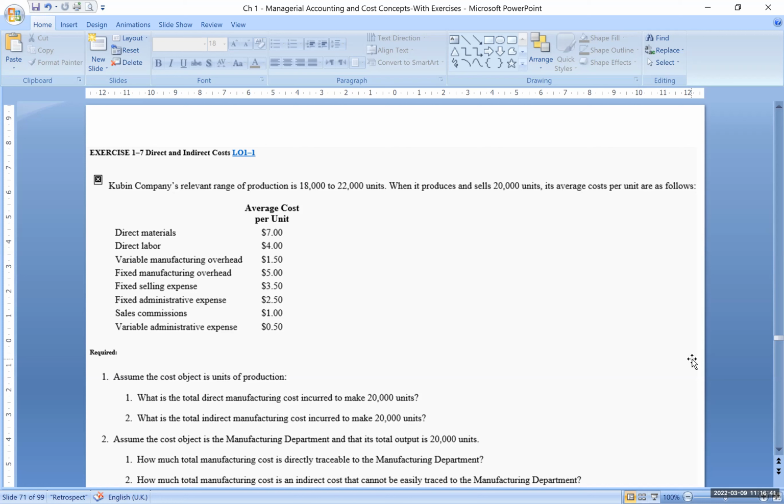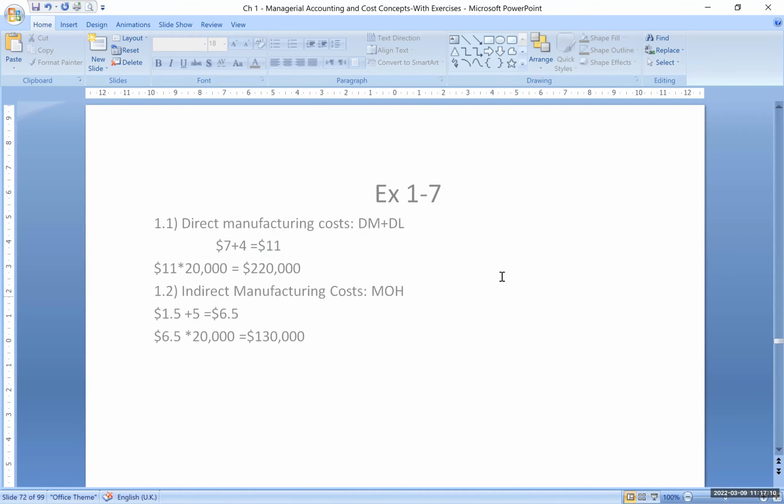So the 1.5 as variable manufacturing overhead is traceable to the department, and also the $5, which is the fixed manufacturing overhead. So all of these four numbers are traceable for the manufacturing department, and the cost per 1 unit will be the sum of these four numbers. Let's write down the answer here.